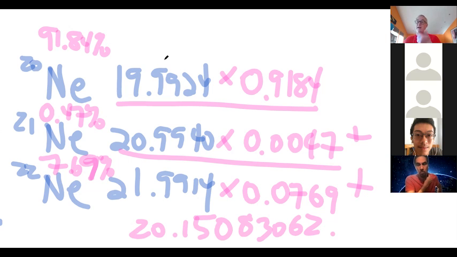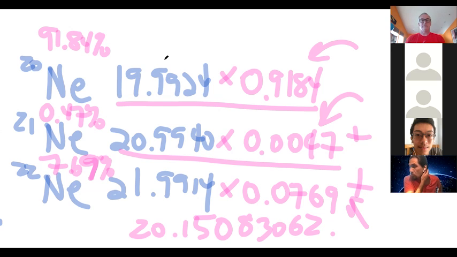Now, figuring out how many decimals is going to be a little trickier, because remember, this is going to have 4 significant digits. This is only going to have how many? 2. And this one is only going to have 3. But when we're adding them, we're just looking at the number of significant digits past the decimal point.